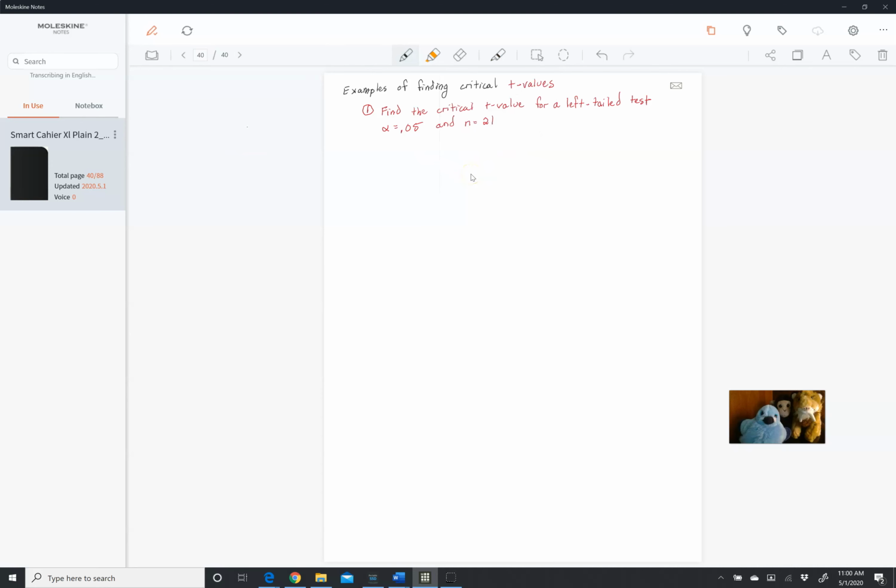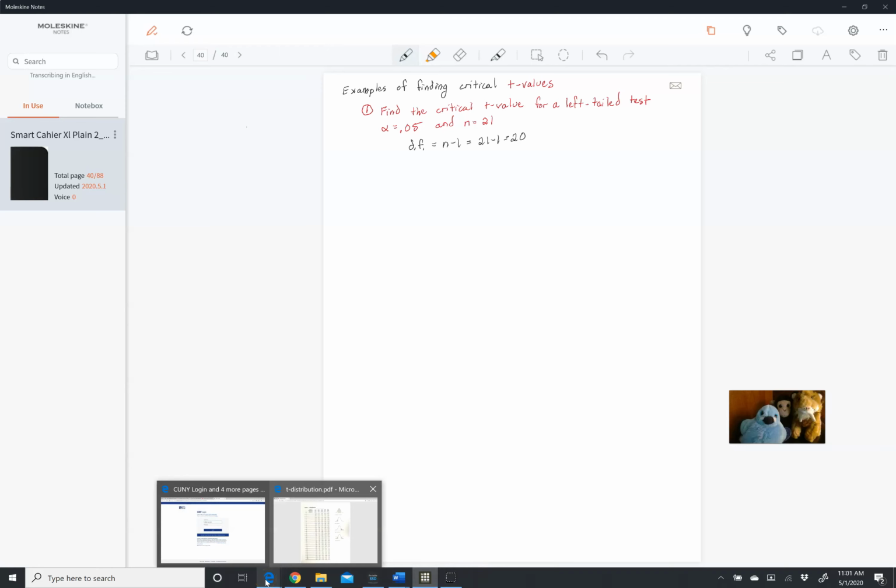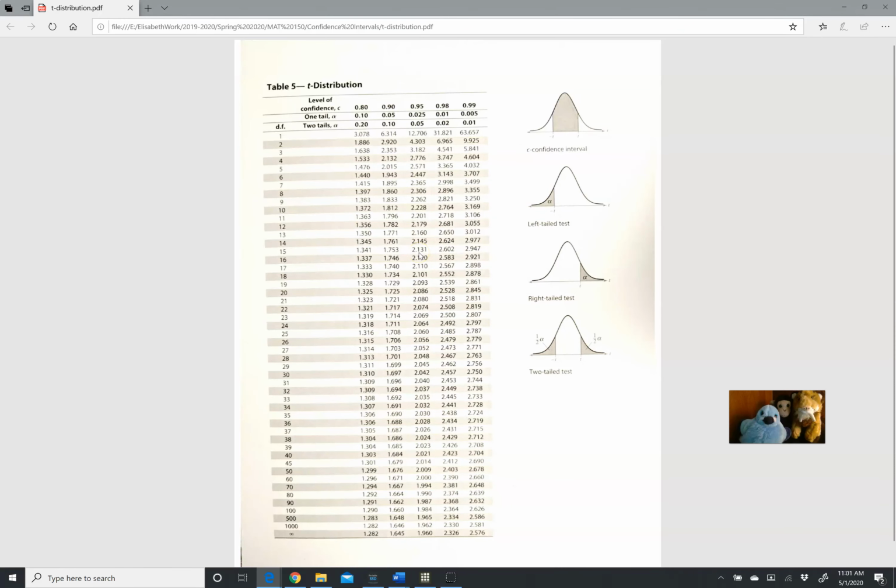Okay, we'll put our answers in black. The first thing you want to do is, we know that the sample size isn't in the t chart, so we have to figure out our degrees of freedom. Our degrees of freedom is equal to n minus 1, or 21 minus 1, or 20 here. This is a left tail test, so we're going to go to the t chart and look at this second row so that we know which column to go to.